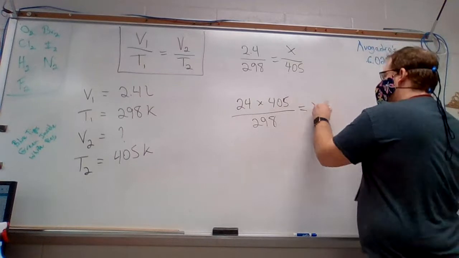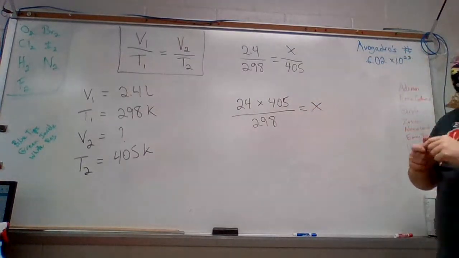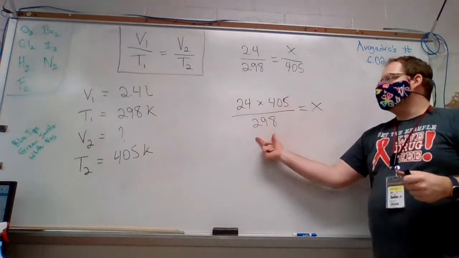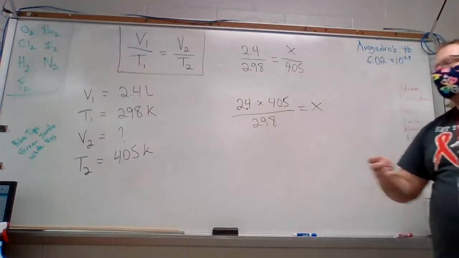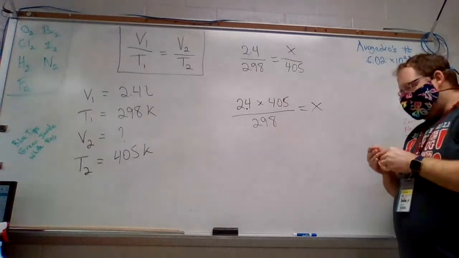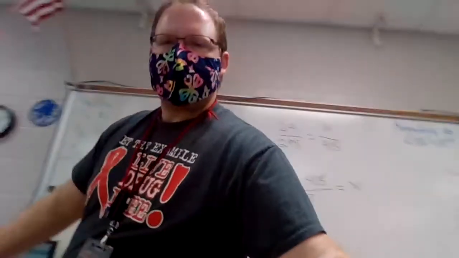And that's going to be equal to my answer, which is X. So multiply the top two numbers, divide by the 298, and that should get you to your answer.